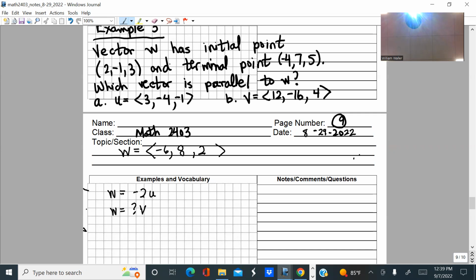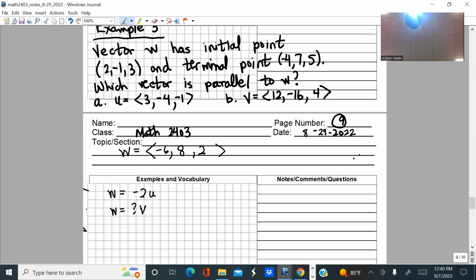Let's see, what would it have to be to get to multiply v and then get w, which is here, right? I'm pointing to the wrong thing. To get v and then to get w, you would have to multiply by what, -1/2? Is that right? Because -1/2 times 12 is -6. So does that work for the other components? -1/2 times 16 is +8, right?